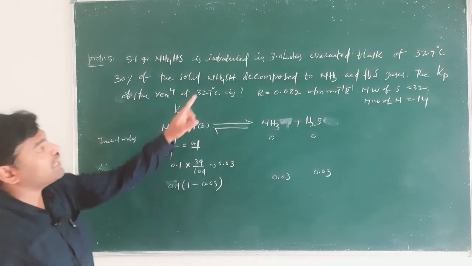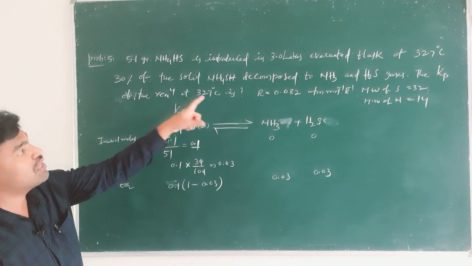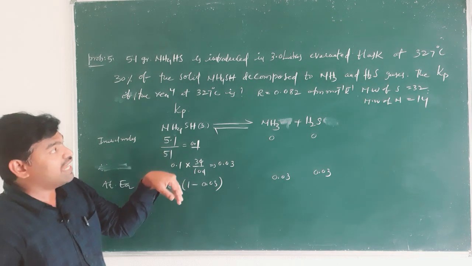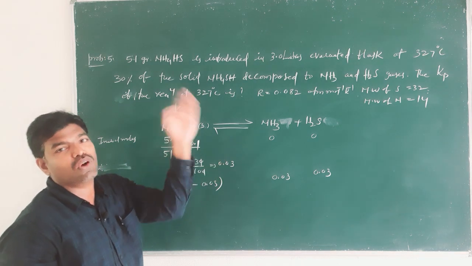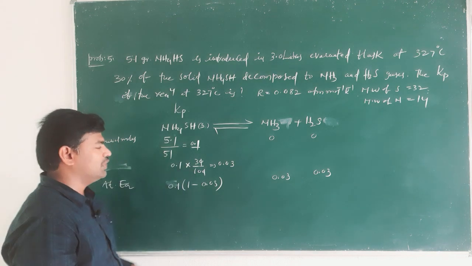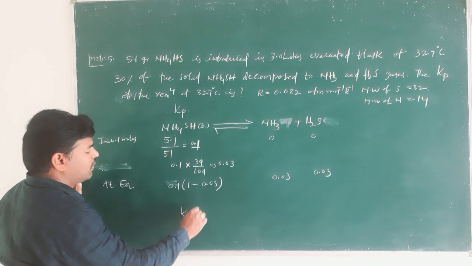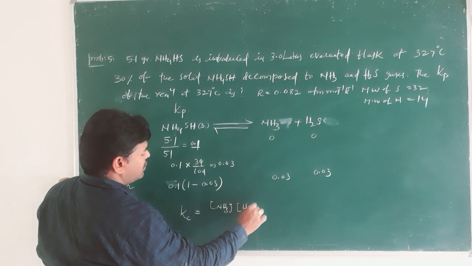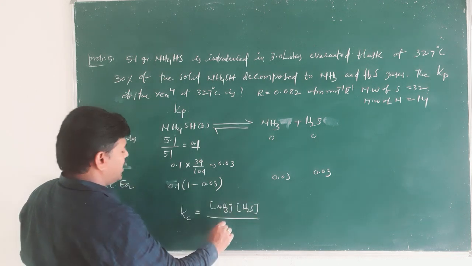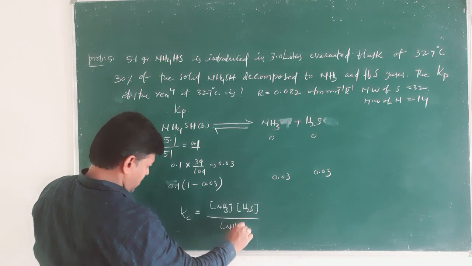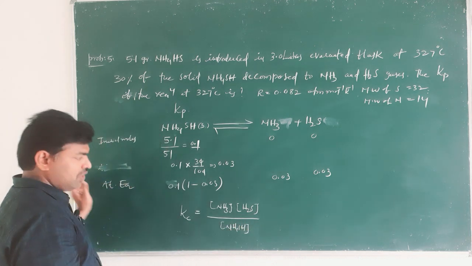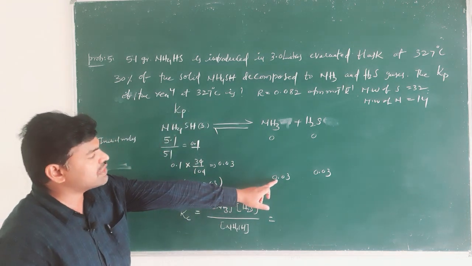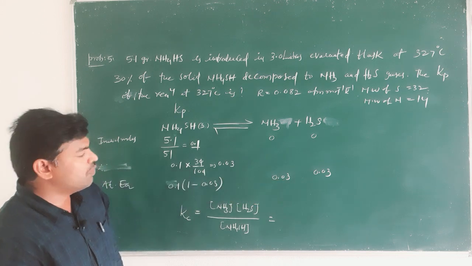Okay. So, they asked to calculate the Kp, you should remember that point, but these are the molar concentrations. So, let us calculate the Kc value, then we go for Kp value. So, Kc is equal to concentration of NH3 into concentration of H2S by concentration of NH4HS solid.